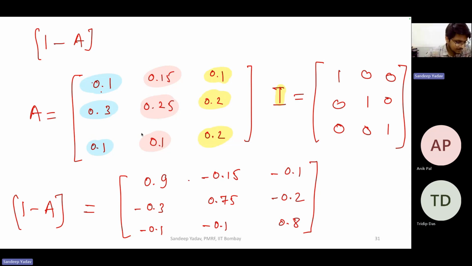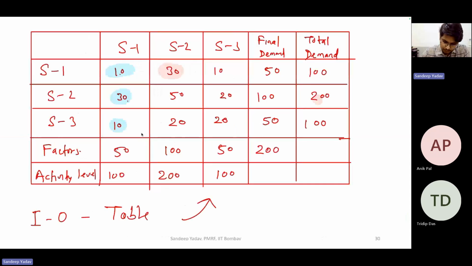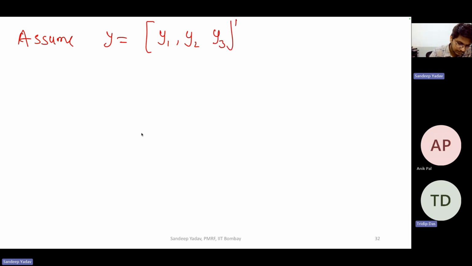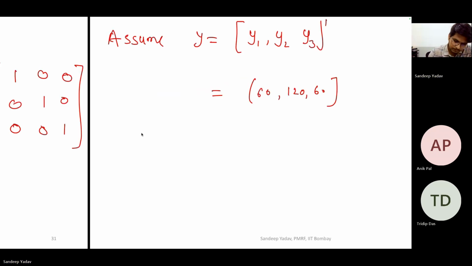So imagine the vector of final demand becomes y equal to y1, y2, y3 dash, that's equal to 60, 120, and 60.